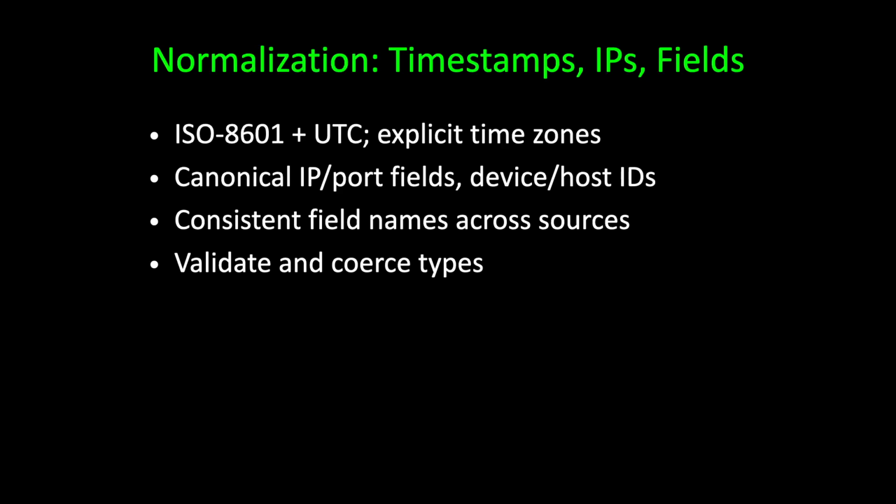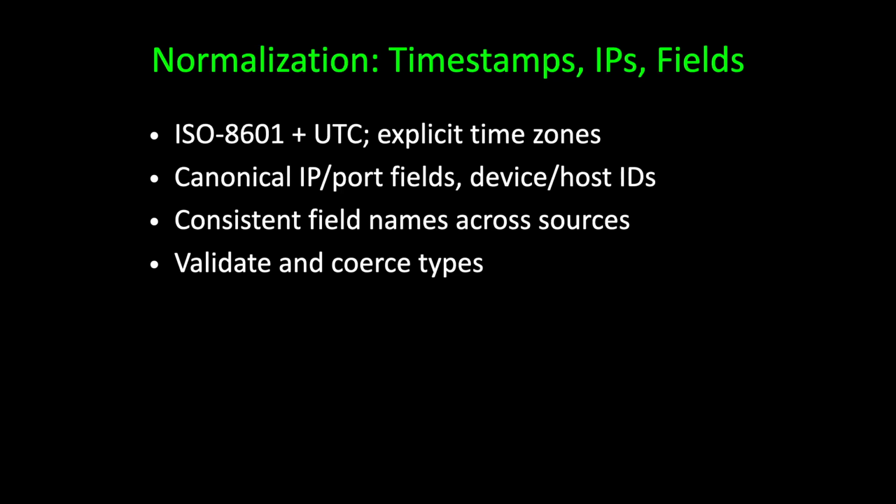We can also standardize network fields, agree on the naming, source_IP, maybe source_port. And everywhere we have a source IP or a source port, we name those the same things across our entire organization. That helps to unify everything across all of our sources.